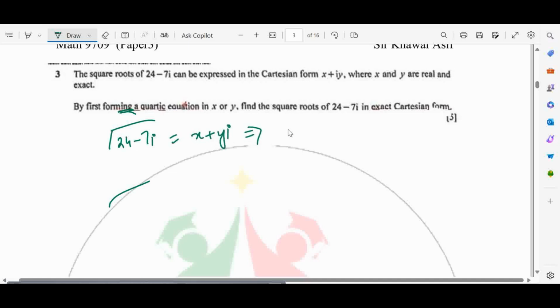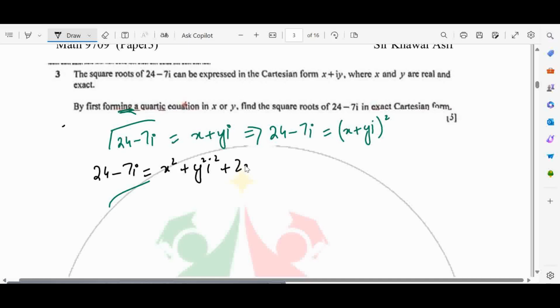If we take square on both sides, 24 minus 7i is equal to x plus yi whole square. Now just open it up: 24 minus 7i is equal to x square minus y square plus 2xyi.